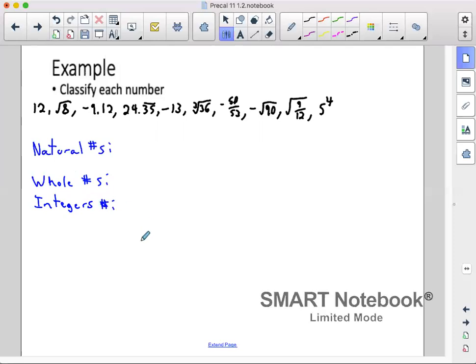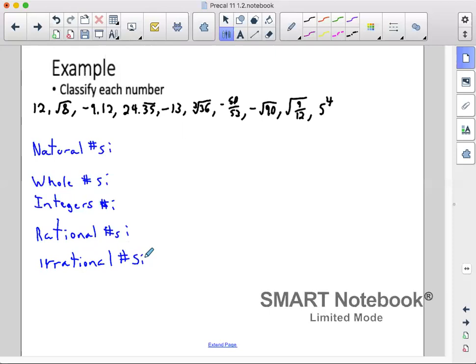We have rational numbers. And we have irrational numbers. So I'll go through these one at a time and put them into categories where they belong.